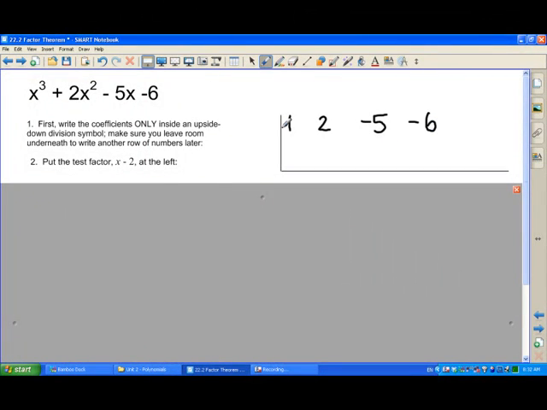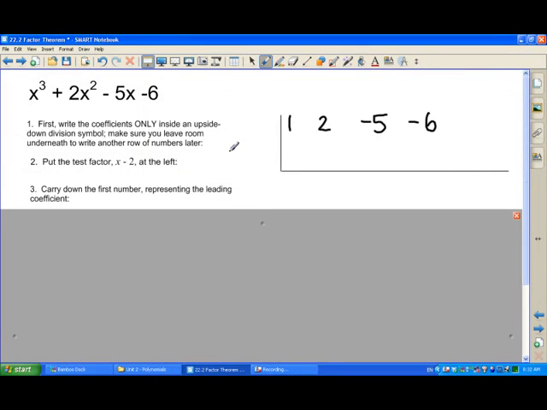So I've written down my coefficients there. I also will place the test factor, x minus 2, along the left-hand side of the chart. And then I'm going to put a negative sign there, just to remind myself that I'm subtracting.